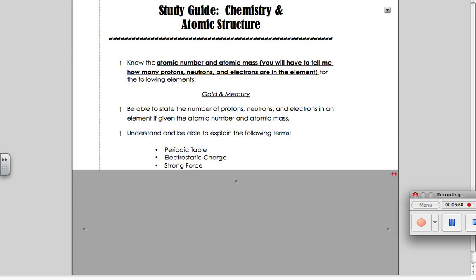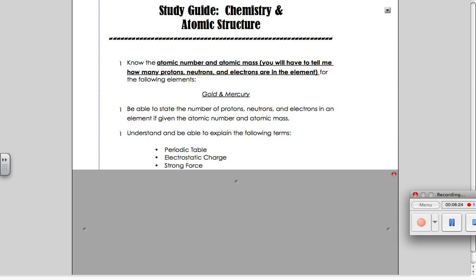Okay, strong force is actually another property of atoms, of matter. And basically what the strong force is, if you think of inside the nucleus of an atom, you have your neutrons and you have your protons, okay? Neutrons carry a neutral charge, but protons carry a positive charge. So we have to ask ourselves, why is it that the nucleus is able to hold itself together?